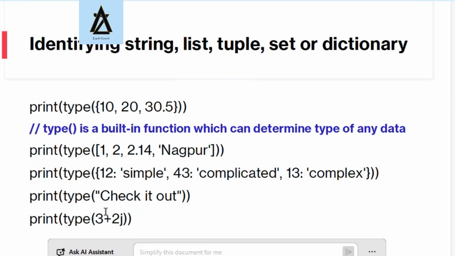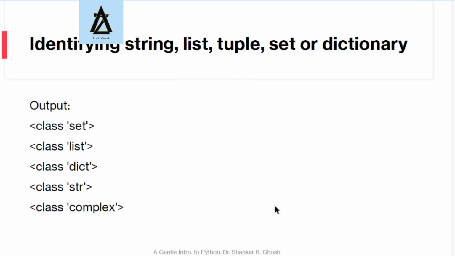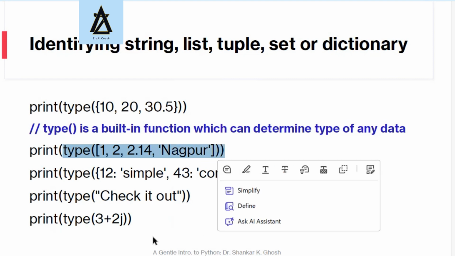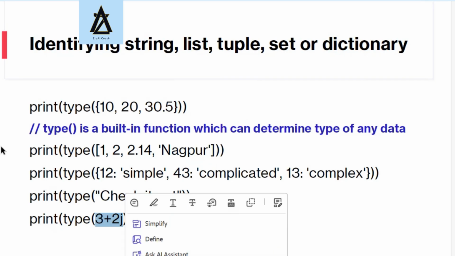So if you write type and then inside it the particular object, it will tell you the data type. For example, for this one it will print list, for this it will print string, for this it will print complex, etc.